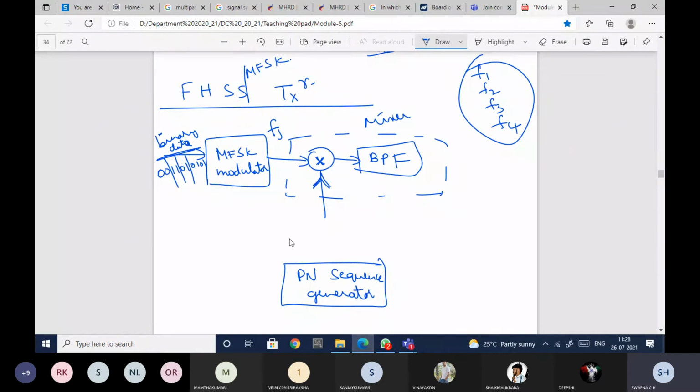From the PN sequence generator, recall the linear feedback shift register, I get a PN sequence which is periodic. That data is given to the frequency synthesizer.